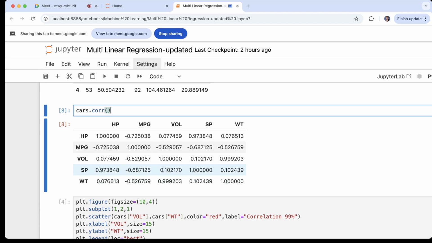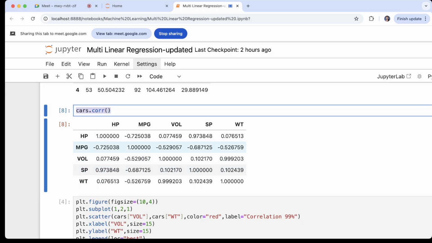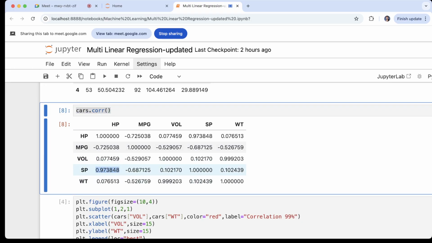The correlation tells you how much mpg will change with a change in hp. Once you have the correlation, I can identify that the value between sp and hp is almost 97%, and between volume and weight it is 99%.